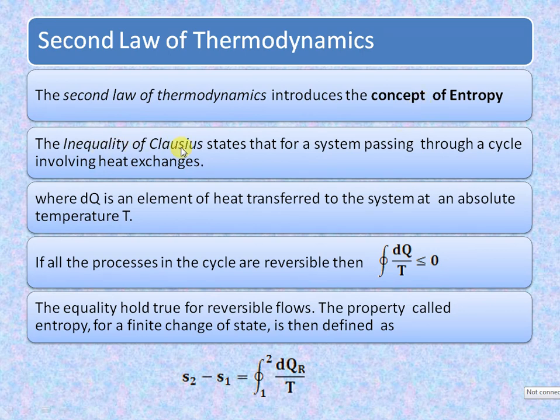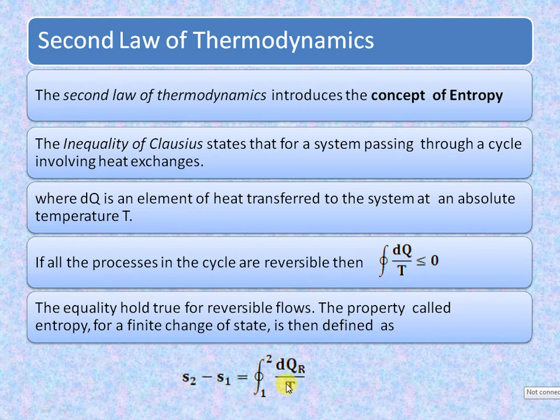The inequality of Clausius states that for a system passing through a cycle involving heat exchanges, where dq is the element of heat transfer to the system at an absolute temperature T, and if all the processes in the cycle are reversible, then the cyclic integral of dq by T is less than or equal to 0. The equality holds true for reversible flow only, and the property called entropy for a finite change of state is then defined using this equation.